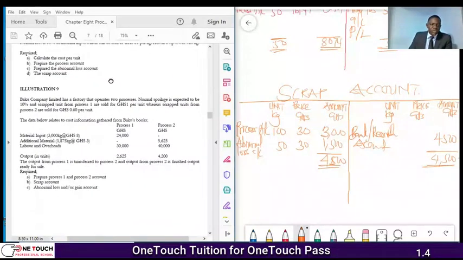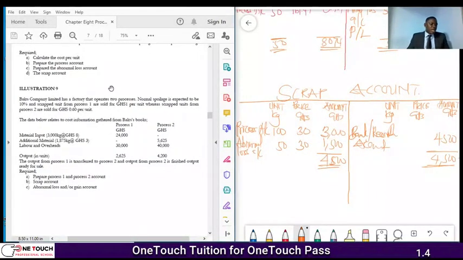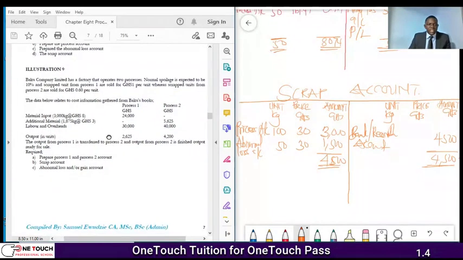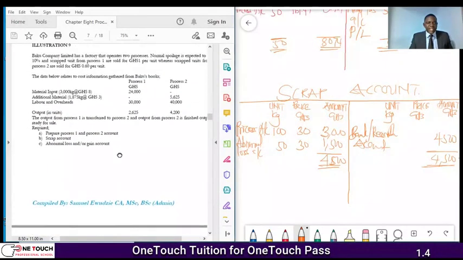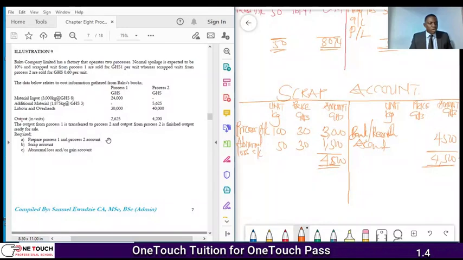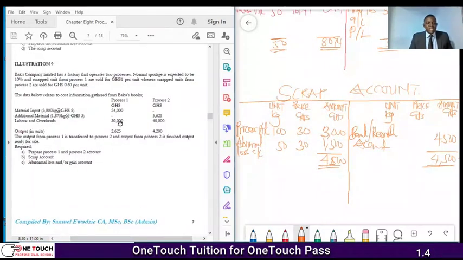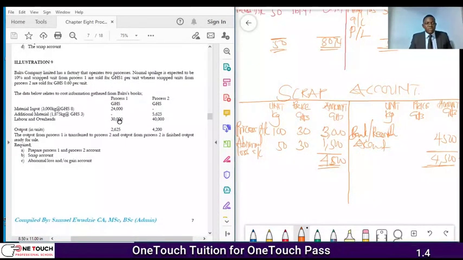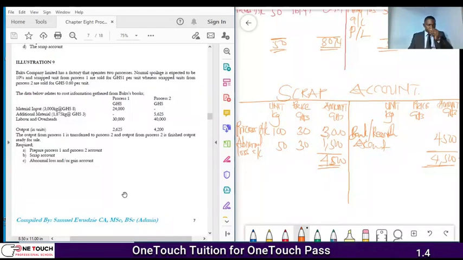So let me look at a situation where there are two process accounts and how that affects the computation. Okay, good. So let's look at this question instead. That's more comprehensive. Good. Then from here, we'll look at the concept of equivalent units. So let me look at illustration 9, which is more complex. Then take it from there. Good.